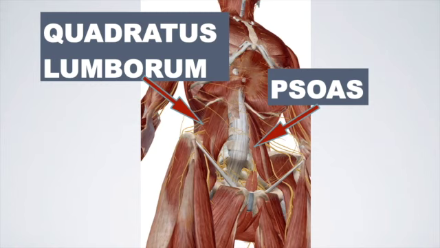What's interesting is when you look at the overall deep myofascial train, the diaphragm is like this big dome that separates the upper and lower torso.